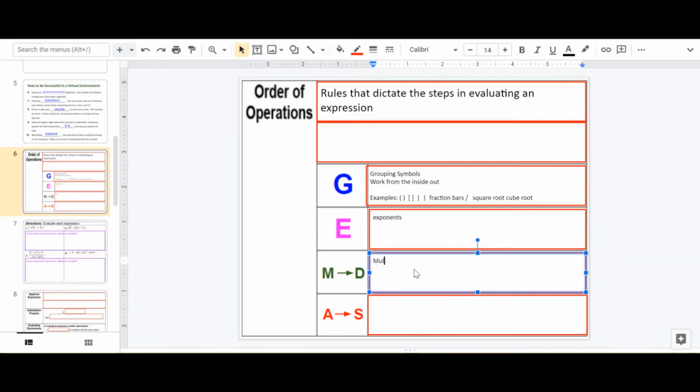So multiplication and division go from left to right. And then addition, subtraction, same thing. Still go from left to right.